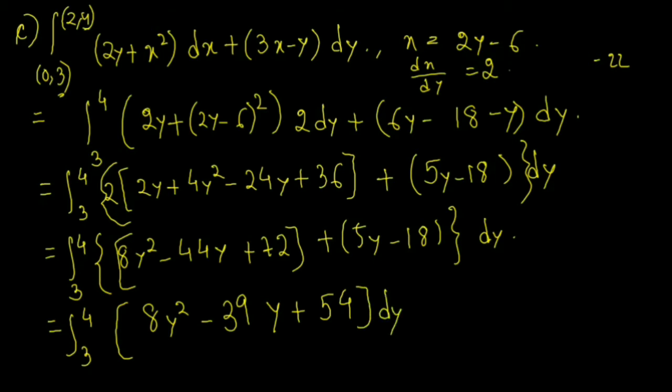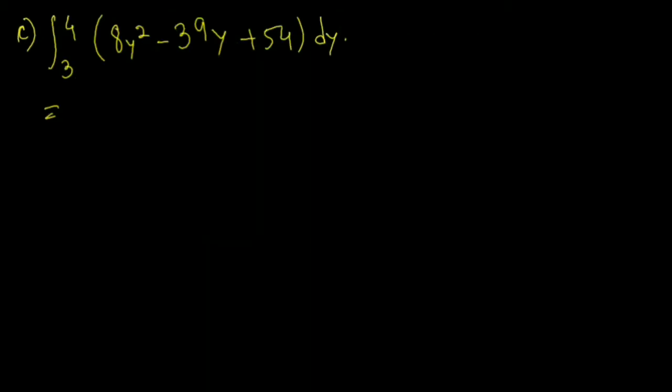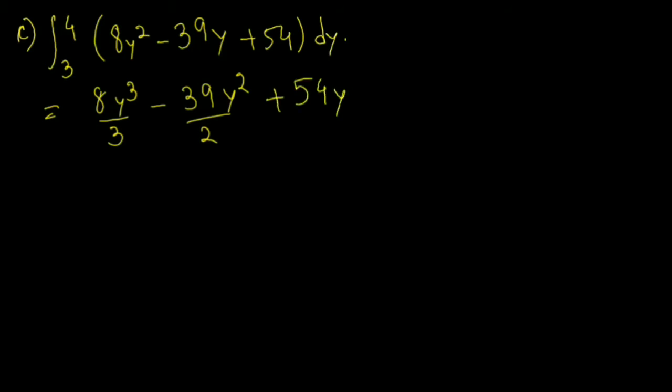Now this is equal to 8y cube by 3 minus 39y square by 2 plus 54y, the limit going from 3 to 4.